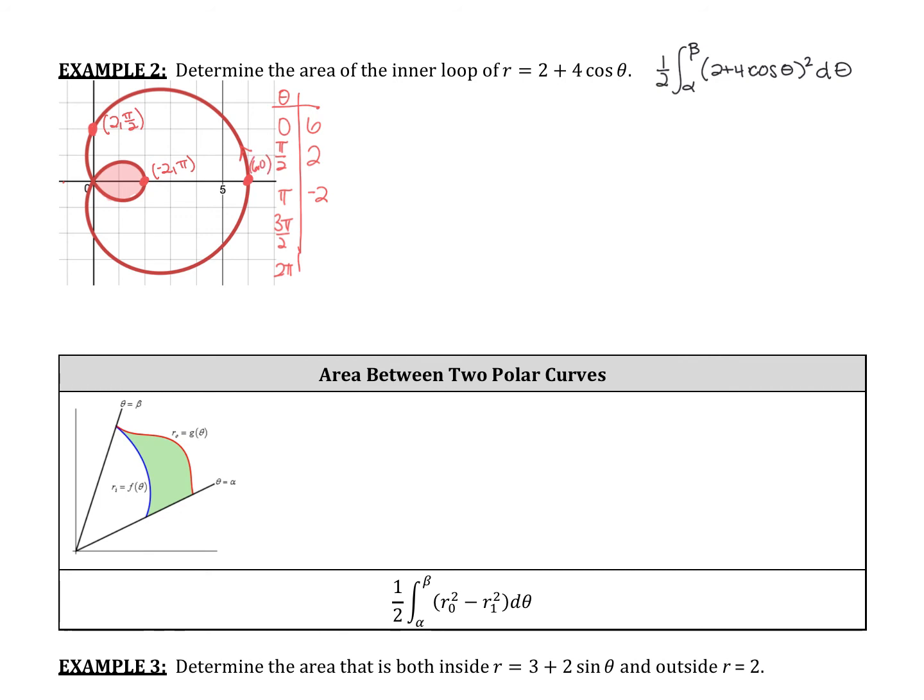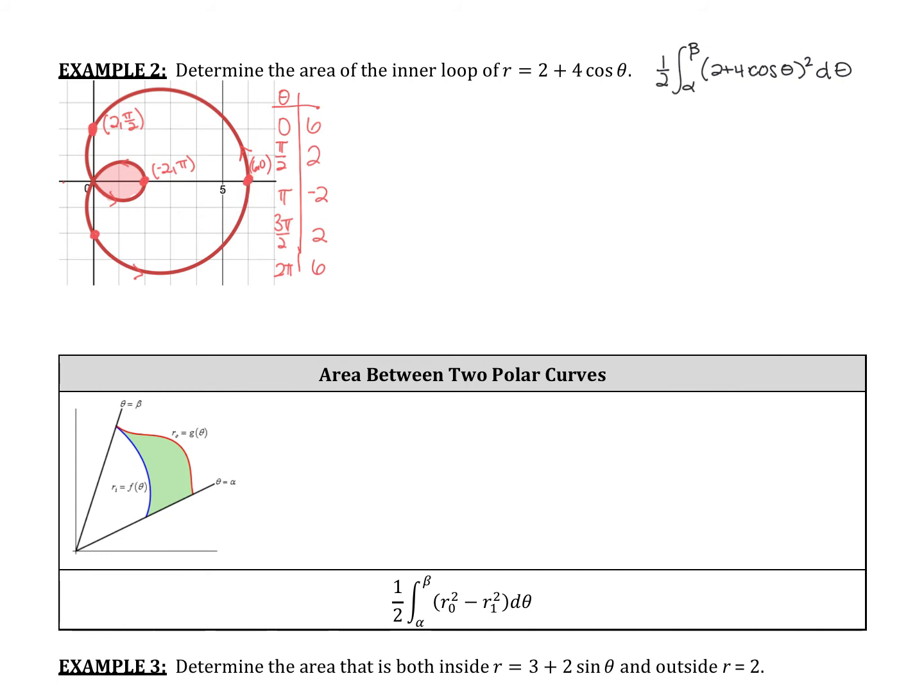We could keep going. It's going to go back up and around. If we substitute 3 pi over 2, we're going to get 2 plus 4 times 0, which is 2. And at 2 pi, we're back to 6. So we can see the path this is taking. It starts here, loops around, and then loops back up to 6.